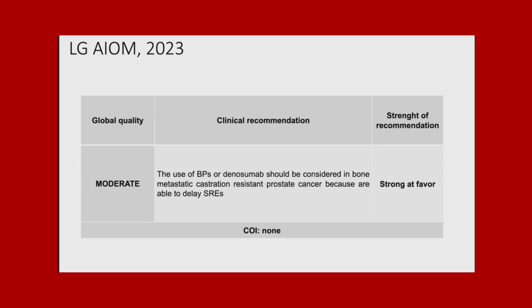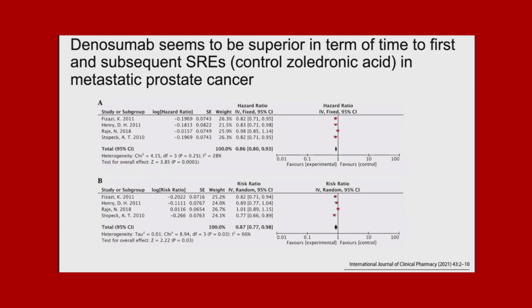This is the recommendation about the use of bisphosphonates and denosumab in bone metastatic castration-resistant prostate cancer patients, because bisphosphonates and denosumab demonstrated to be able to delay skeletal-related events.